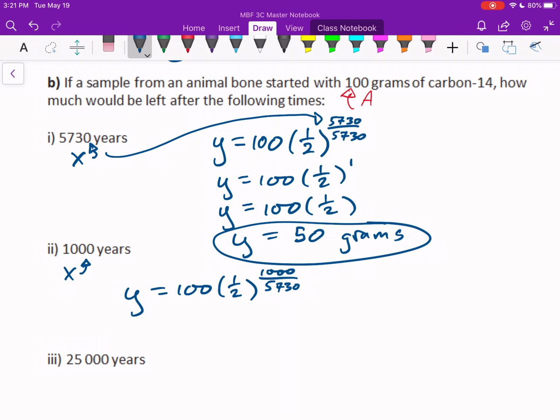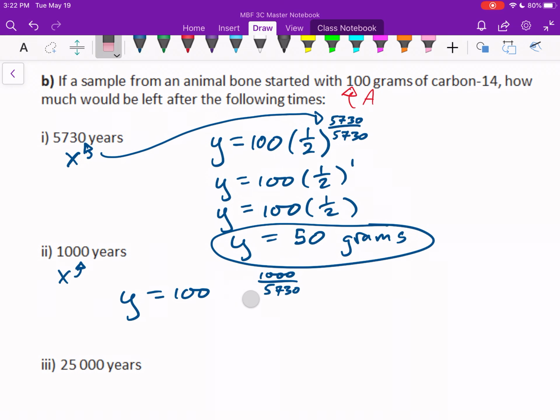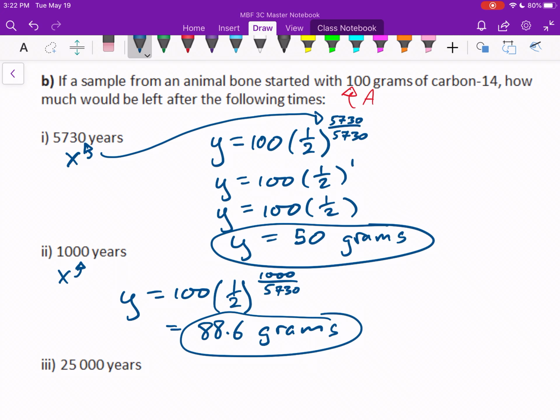Let me rewrite this part to make it look a bit more like an exponent. When you type all that into your calculator, what you get is 88.6 grams.